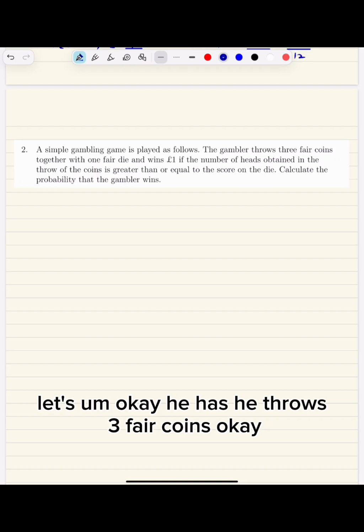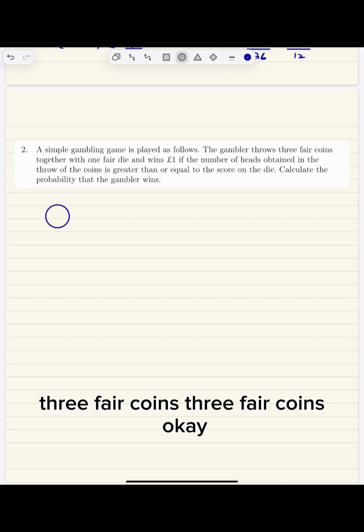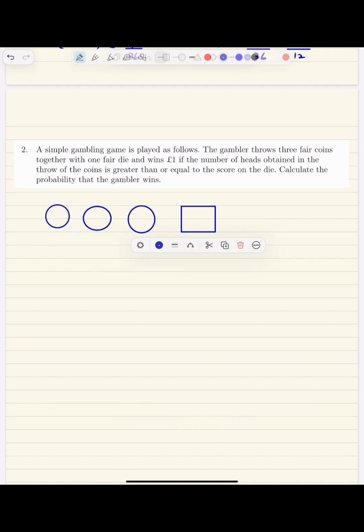Okay, he throws three fair coins. Let's just draw three fair coins. And then he also throws a die. Okay, this is the die.